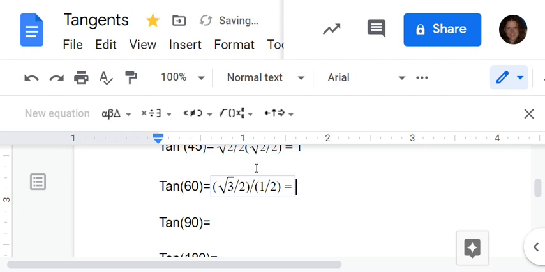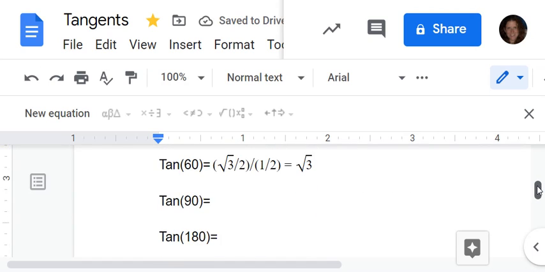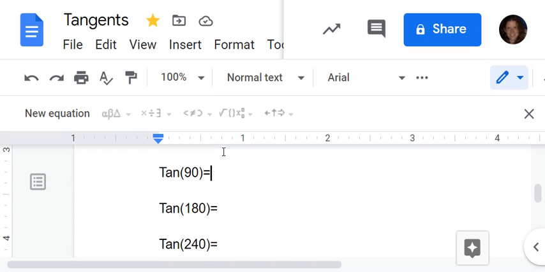We're going to go through, we flip them, multiply them out. This whole thing is going to give us square root 3. Okay, and actually this one over here, I forgot, square root 3 over 3. I lost one.